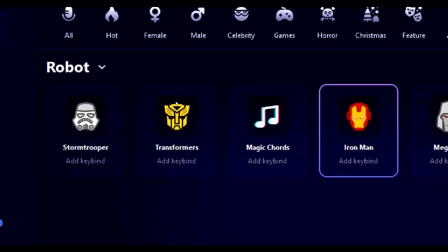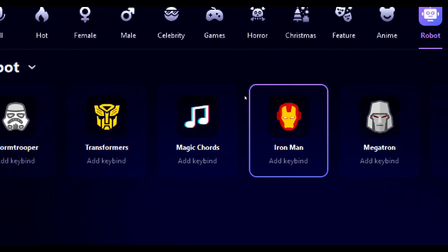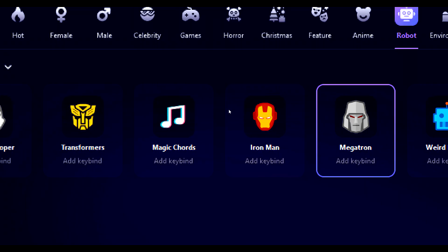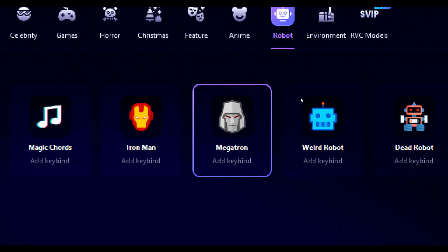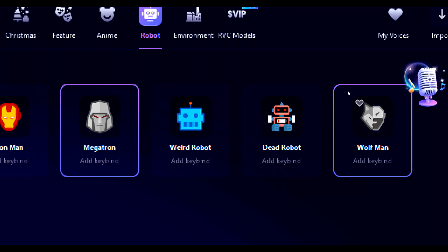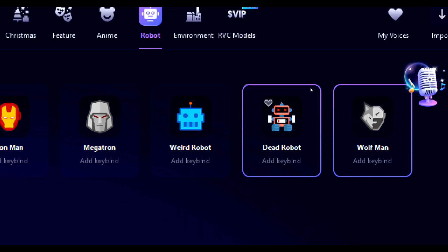Does it sound like Iron Man? I don't think so. Megatron from Transformers. Not close to it. Okay. Like a wolf. And then you can hear that noise, paying for the sound, which is really horrible.